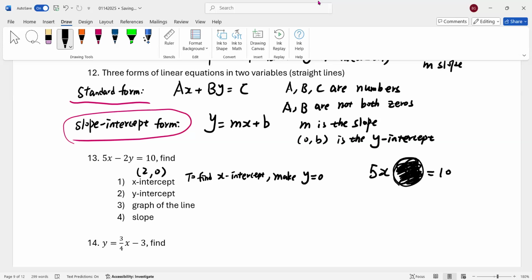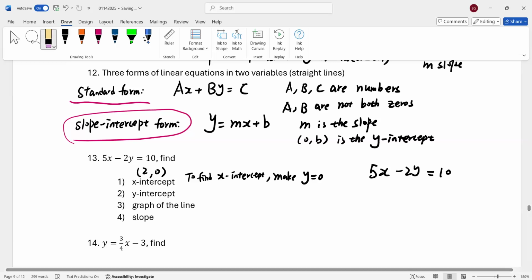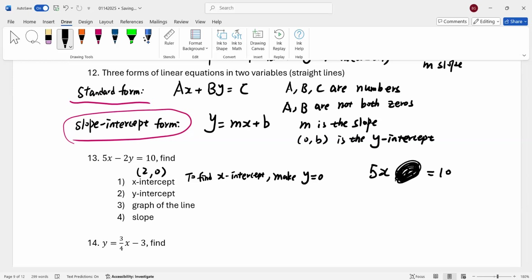Most of the time, not absolutely every single case, but most of the time it is very convenient. All right. To find the x-intercept, make y be 0. So this part disappears, and you can quickly solve this equation for the value of x. X equals 2. So 2, 0 is the x-intercept. In our book, sometimes they say x-intercept is 2.